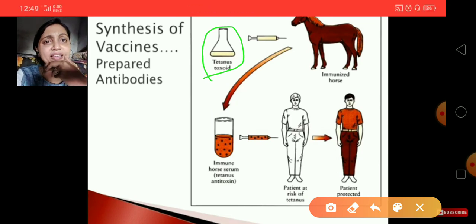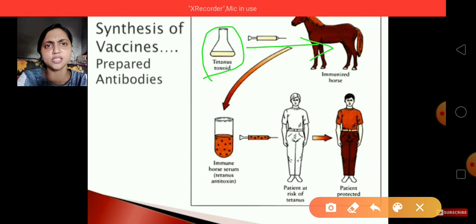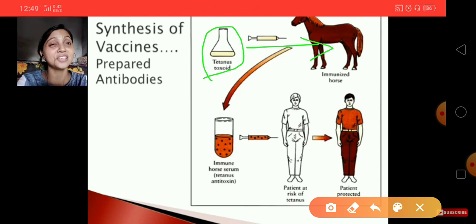So we have taken the tetanus toxoid and put it into the horse's body. The horse is a living host, so it will produce antibodies in response to this toxoid, because it has the structure of that antigen. The immune system of the horse will read the structure of the toxoid and in response produce the antibody.